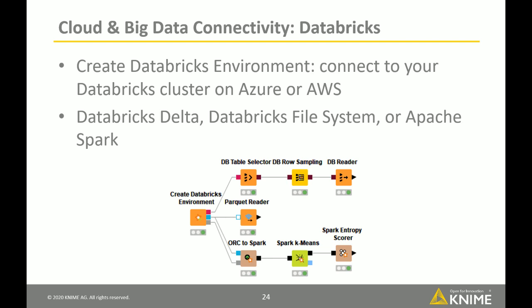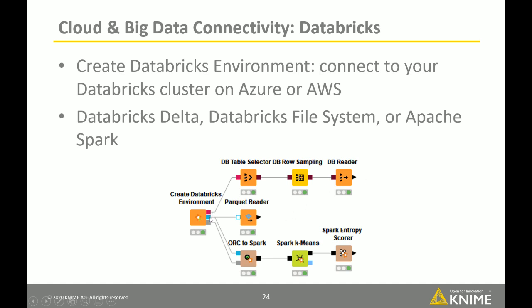So you can see on the top branch of this little workflow, we're accessing the Databricks environment, and then we're using KNIME's regular DB nodes to select a table, do some row sampling, and then take a sample of that data and bring it back to KNIME, right? We could do that.